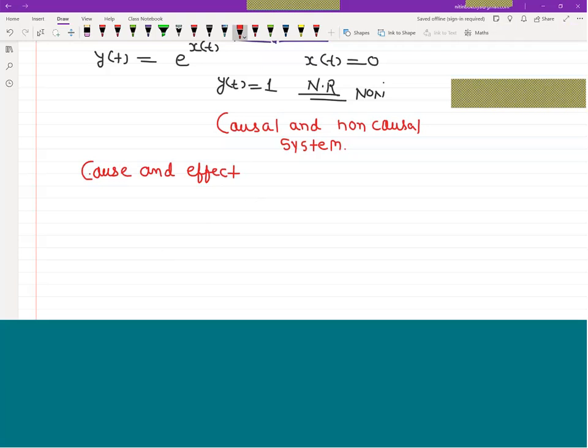So what you can say कि अगर आपने किसी इनपुट देने के बाद ही आपको सिस्टम का आउटपुट मिले, that system is known as causal system. Definition of causal system.